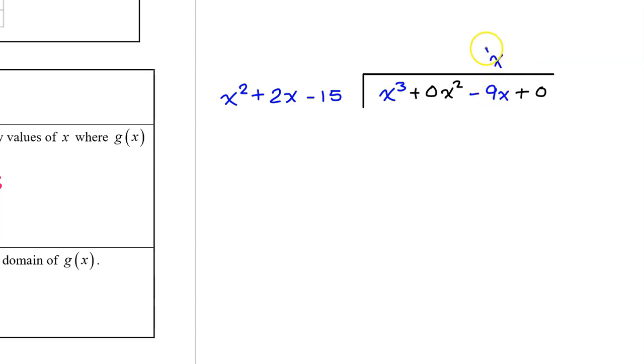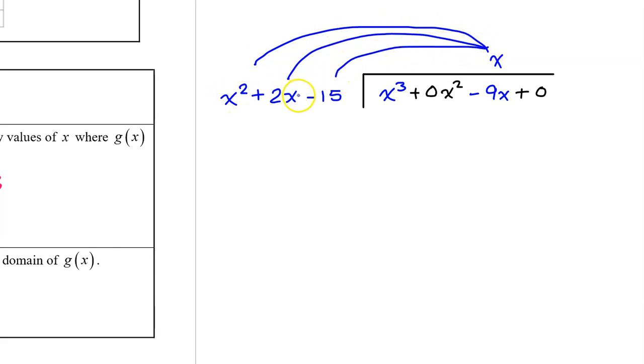Then take the term that you just found and multiply it by the divisor. Do the distributive property. So x times x squared will give you x to the third power. And then x times 2x is 2x squared. X times negative 15 is negative 15x.